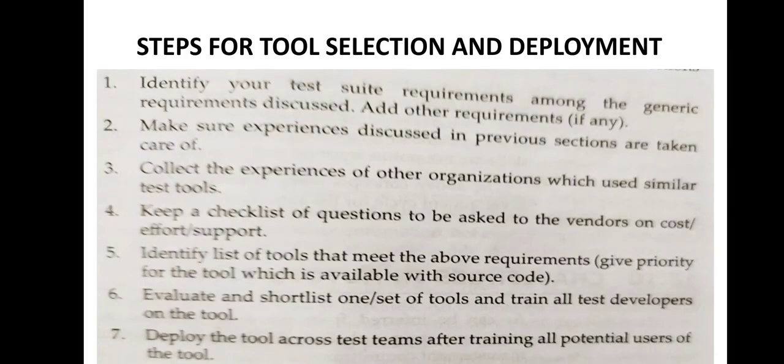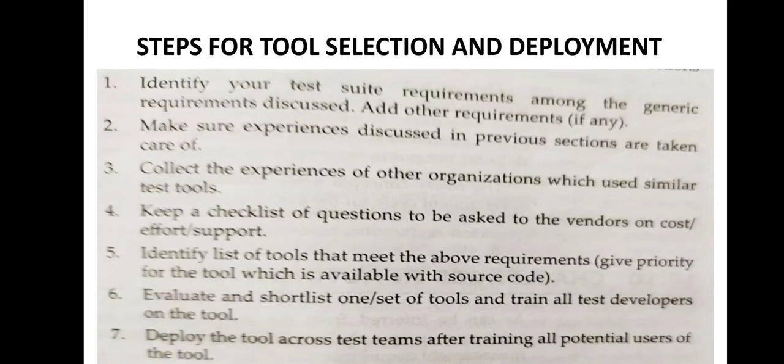Keep a checklist for the same. You can identify a list of tools and then select. You can evaluate and shortlist one set of tools, and then train people for the same. Deploy the tools across test teams after training all potential users of the tool. So this is about the selection and deployment.